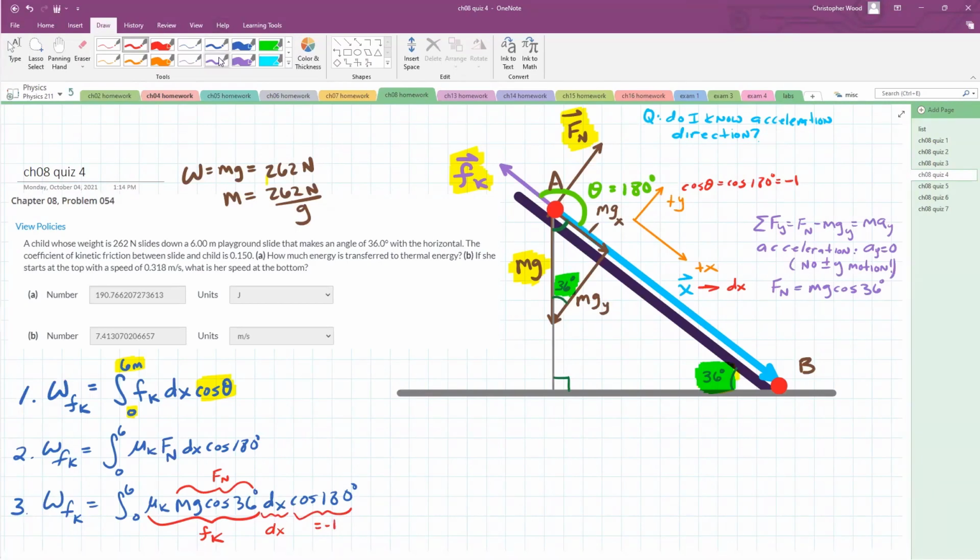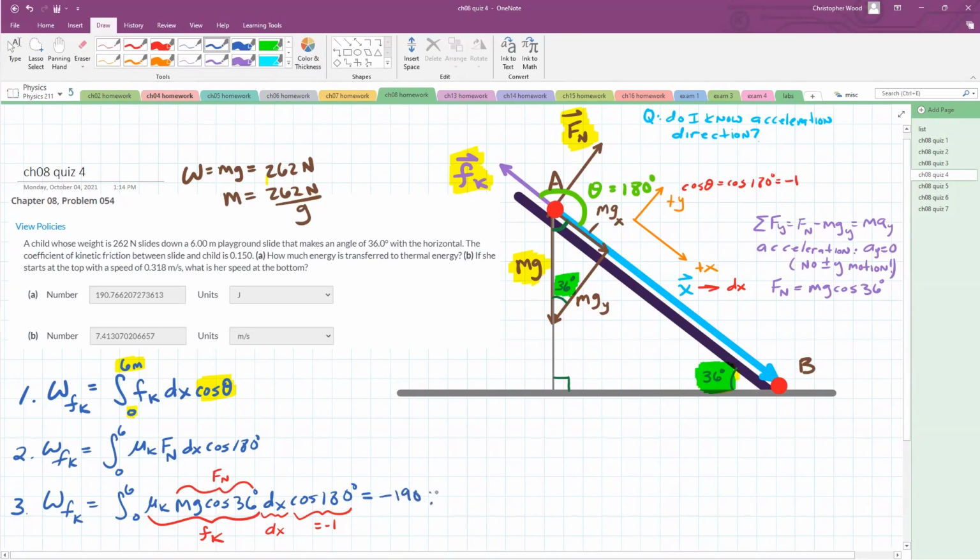All right, so let's get an answer for the work done by friction, which we know is going to be negative, but that's actually the amount of heat produced. So mu sub k is 0.15 times 262 times cosine of 36 times 6. This is equal to -190 and some change.